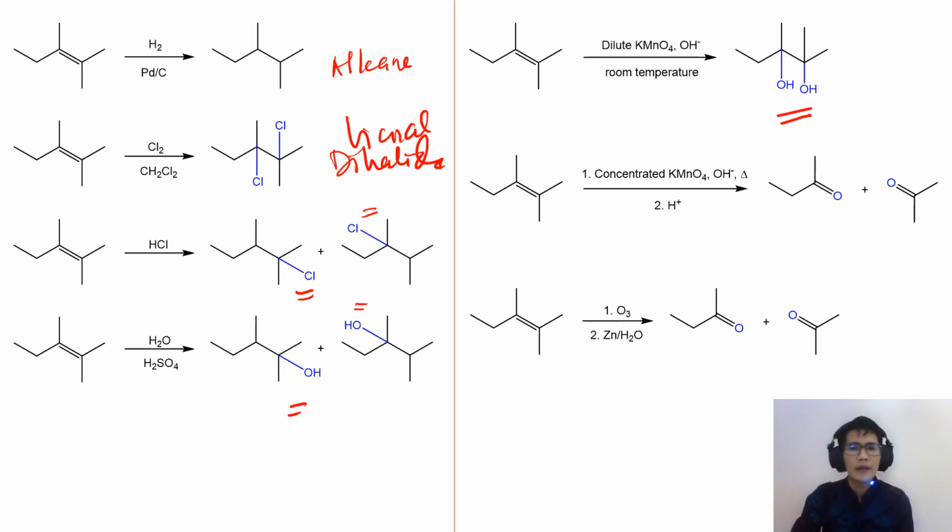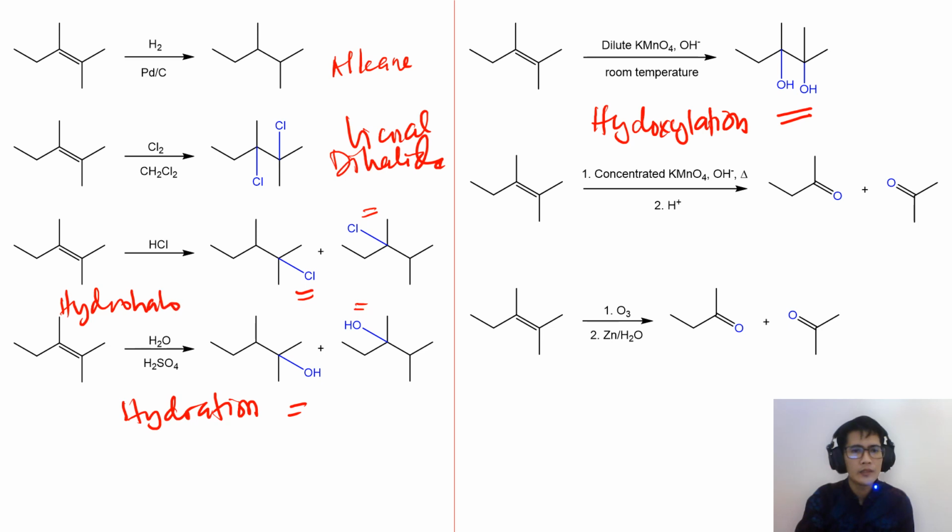Okay, for the hydroxylation, this one is the hydroxylation, right? This one is the hydration, right? This one is the halogenation. Okay, I forgot to tell earlier about the name of the reaction.